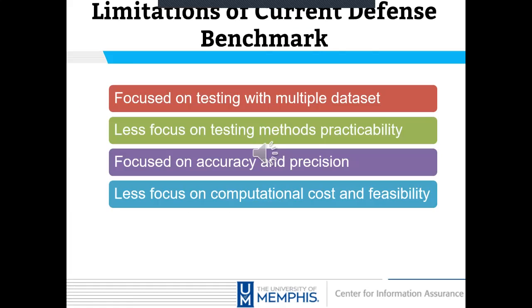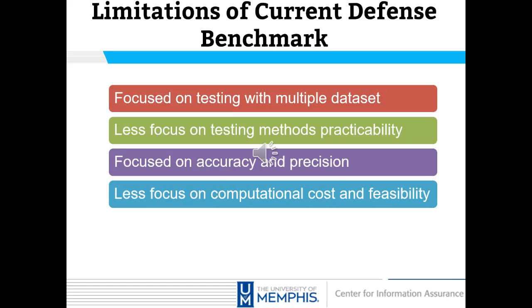Current defense techniques have some limitations, such as they are focused on testing with multiple datasets, but less focus on testing methods' practicability. For example, they want to test with more datasets like ImageNet, CIFAR, Open Images, and other different datasets. But when they are testing the methods, they use the images in a vector format, which is not how machine learning models are used in real life.